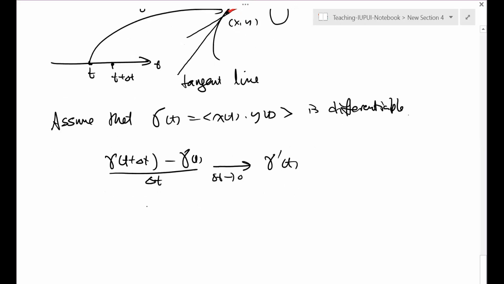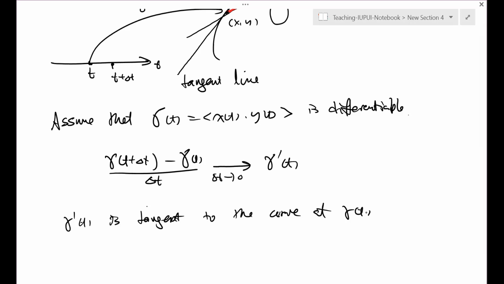So this limit can be viewed as the vector tangent to the curve at the point gamma t.